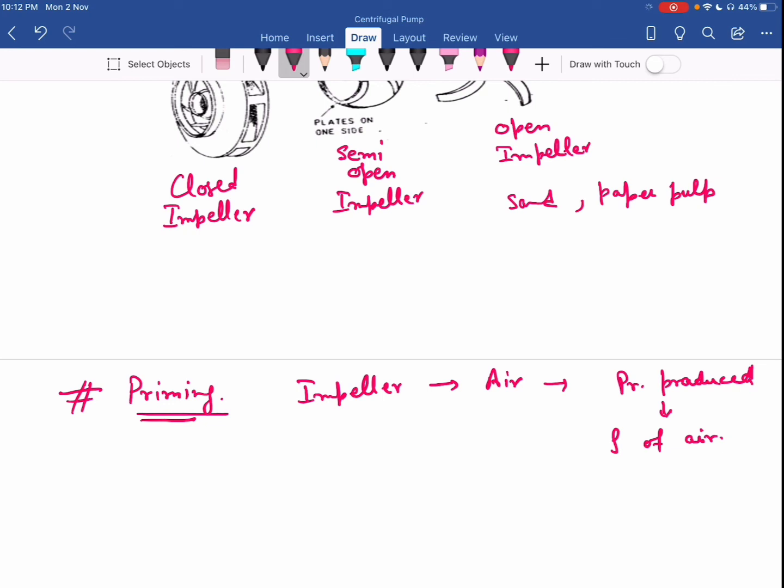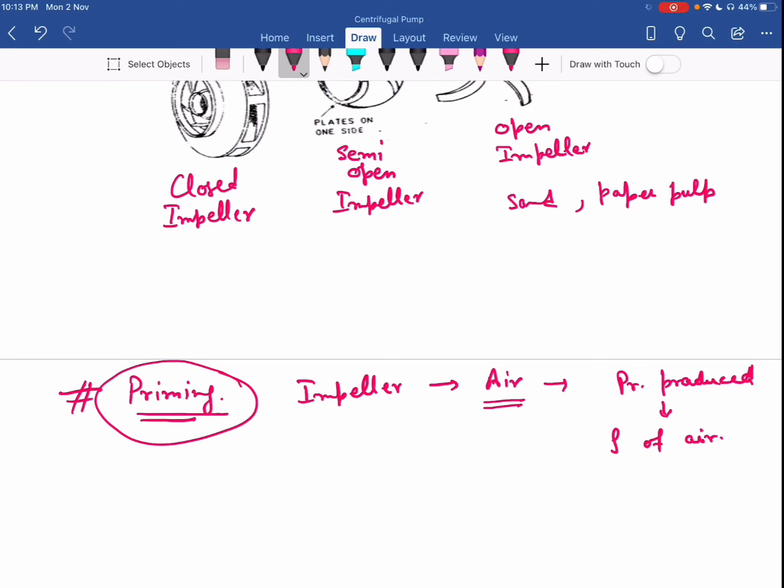Now what do we have to do? We have to remove this air from the impeller. For that, we have to put some water, either from the delivery side or by any means, into the impeller.